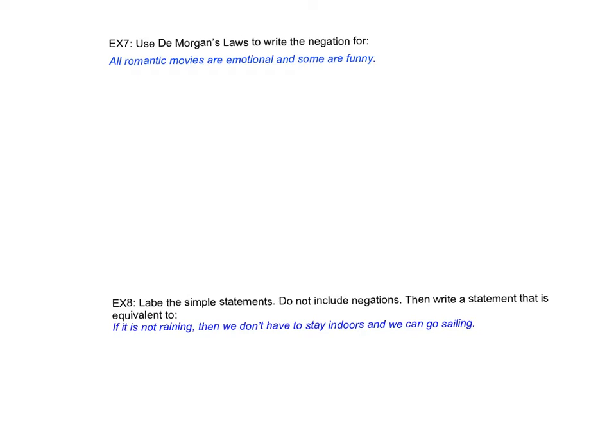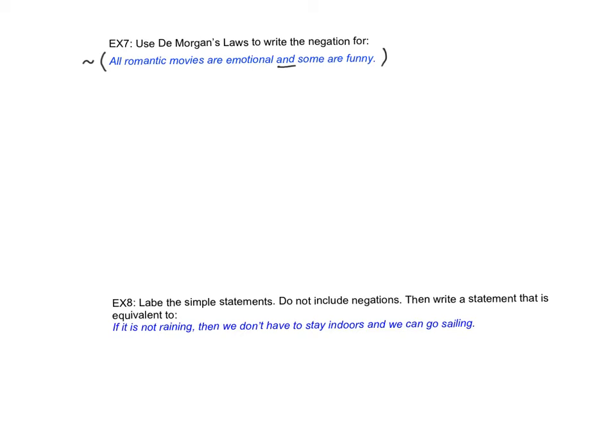All right, example 7. We want to use De Morgan's laws to write the negation of this statement. Okay, so we are writing the negation of all romantic movies are emotional and some are funny. I see the conjunction, and remember I'm trying to negate this statement.